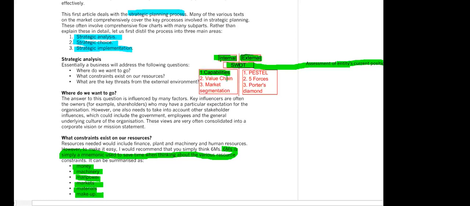We will be talking about value chain and market segmentation in our subsequent lectures, but in today's lecture, after understanding capabilities, we will now be focusing on the external environment by understanding PESTEL and Porter's 5 forces framework.